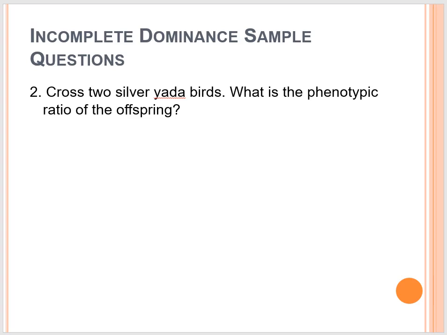Not completely, but mostly. If I do the cross for this, I should get the same genotypic ratio. Do I get a 1-2-1 genotype ratio here? One of these, two of these, one of those. Genotype ratio is the same. We're still doing two heterozygous. But now, what's my phenotype ratio going to be? Will it still be 3-1? I've got one blue.